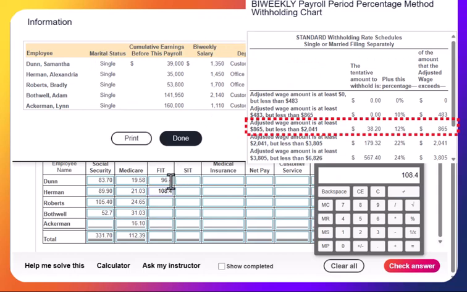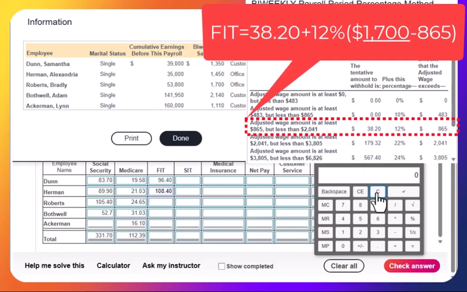And notice these are going to be numerically the same if we did add the 0 on the end here for each of these. So we can have it as a 108.4, or we can add the 0 to make it the 40 cents here. And we can go ahead and move on to Roberts. So Roberts makes $1,700 and it falls in that third tax bracket. Subtract $865 and then multiply by 12%.